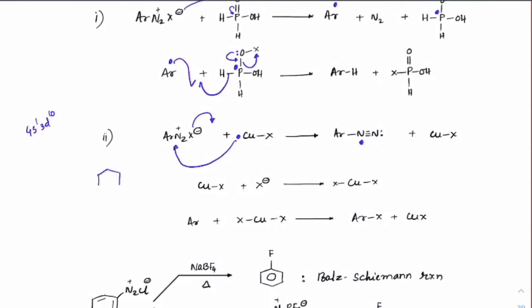Let me show you the structure here. We have N triple bond N with plus, right? So imagine an electron is left over here with nitrogen, so the charge has been lost with it. Got it? And this pi bond will shift on to nitrogen here. So we will have this as minus. Okay, so imagine it this way.